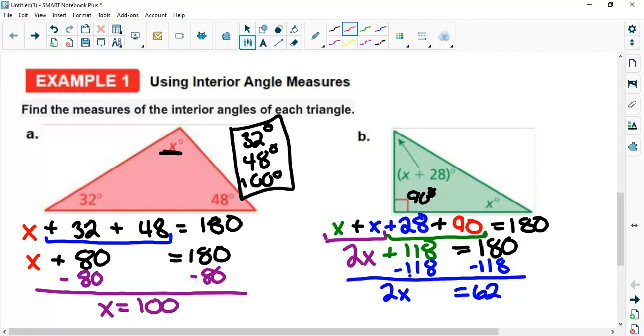And then I divide by 2 and find that x is equal to 32.